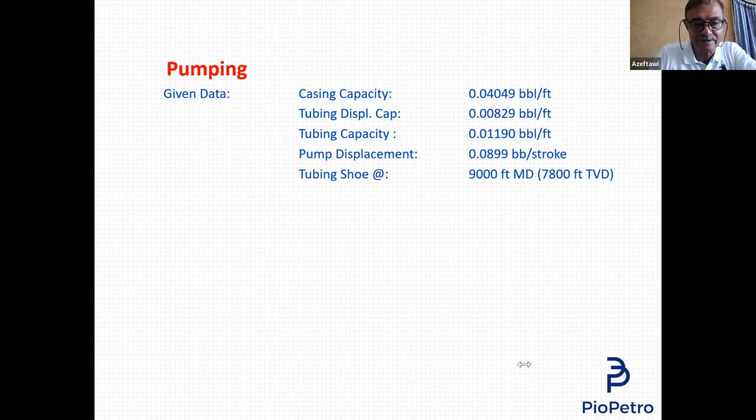But James said tubing displacement volume is volume per unit length. I'm afraid I cannot accept this answer. Tubing volume is the volume of the tubing. The tubing displacement volume is the volume of fluid displaced when the tube is plugged in.